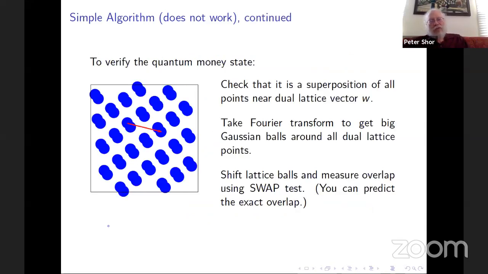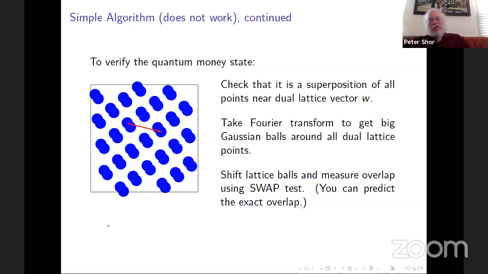Well, there are a lot of things you can do that will answer yes if it is a superposition of lattice points near this in the Gaussian ball.